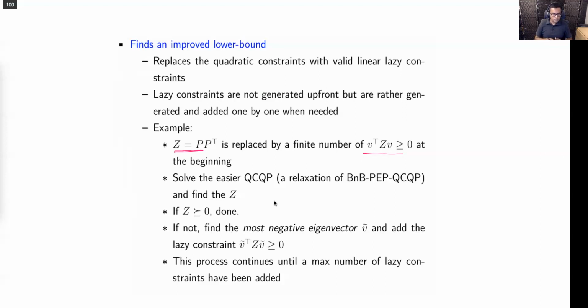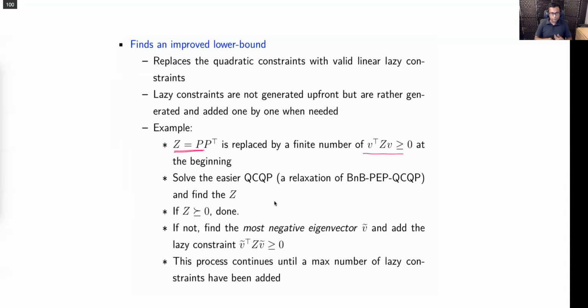But it's a relaxation. So we solve the relaxation of the BnB-PEP QCQP, and after that, we find the corresponding Z. Now, if that Z is positive semi-definite, then we are already done and we have found a globally optimal solution. In many cases, this is not the case.